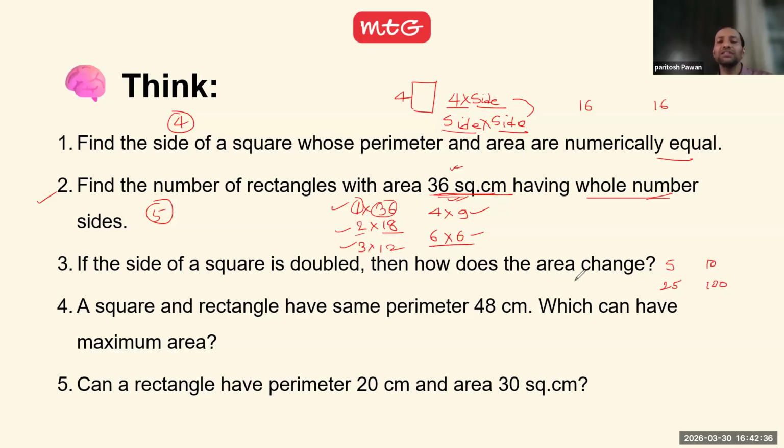It asks how the area changes. It becomes 4 times. This is the normal way. Otherwise, mentally you can think, when your side is doubled, it becomes 2 times, the other side is also doubled to 2 times, 2 into 2, 4. So definitely it is going to be 4 times. There is even no need to do it like this.